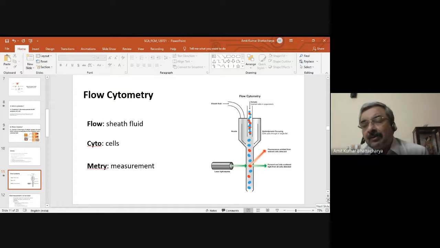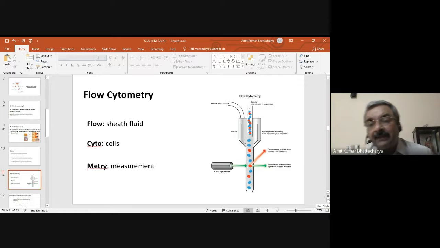Now in flow cytometry, you have a population of cells which you have labeled with different antibodies, which are looking at different proteins, and then you stain them.